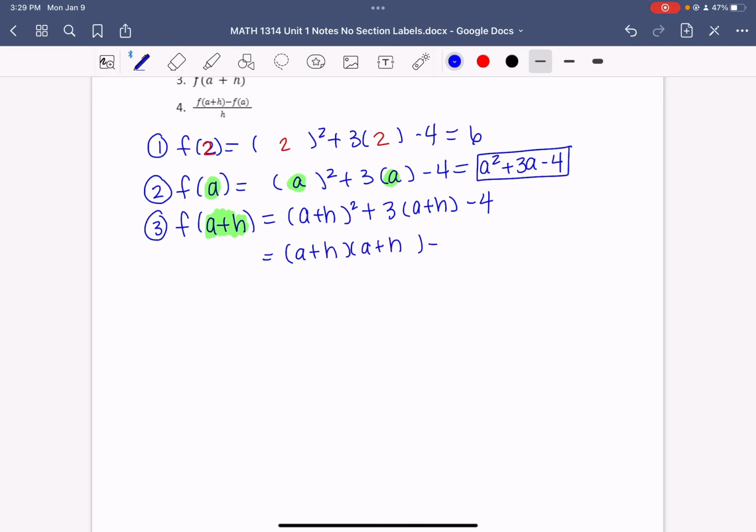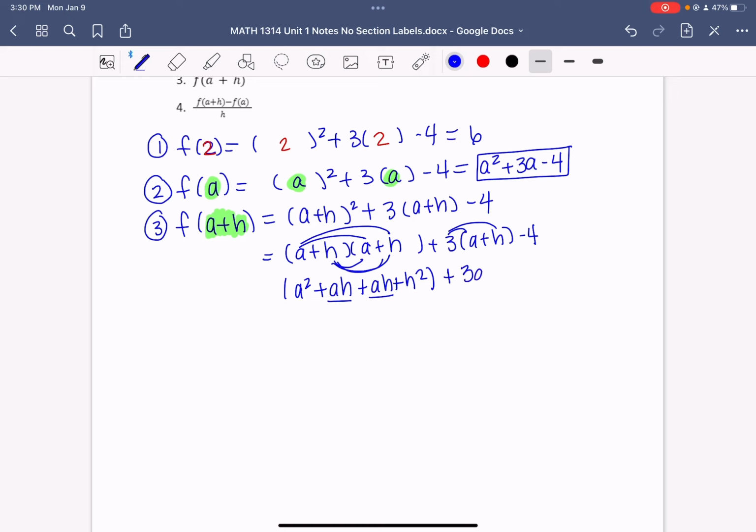I'm just going to multiply the two groupings together, bring down everything else. So I can distribute, which gives me a squared plus ah. Distribute this way, which gives me ah plus h squared. It doesn't matter the order. 2 times 4 is the same as 4 times 2. So whether I write ah or ha, the order is not going to matter on multiplication.